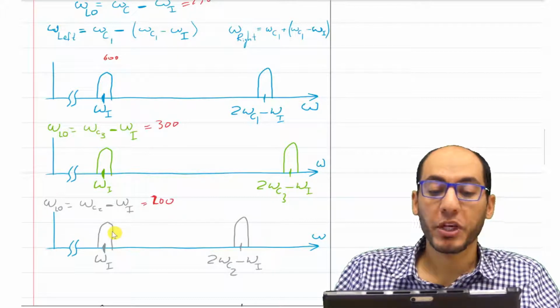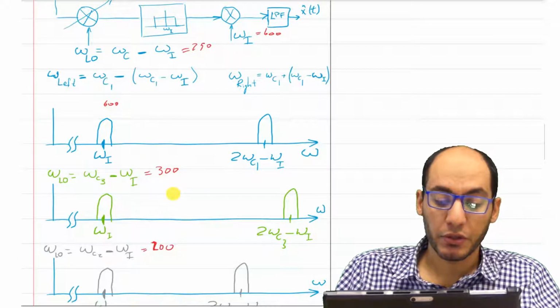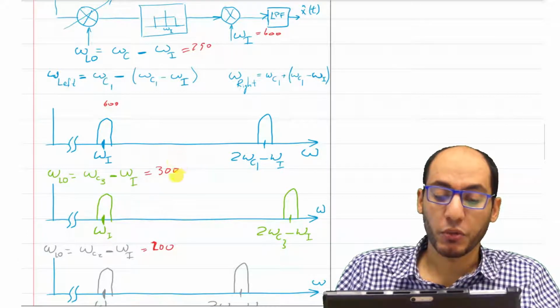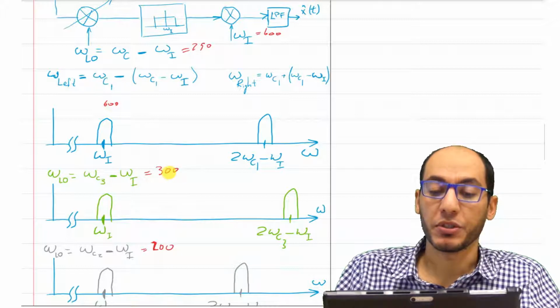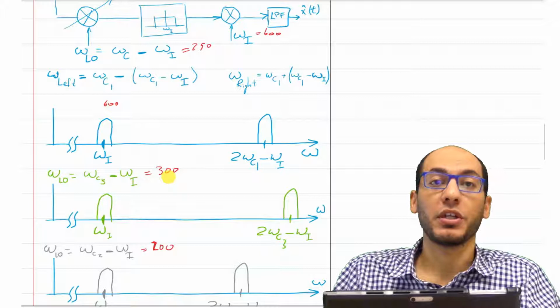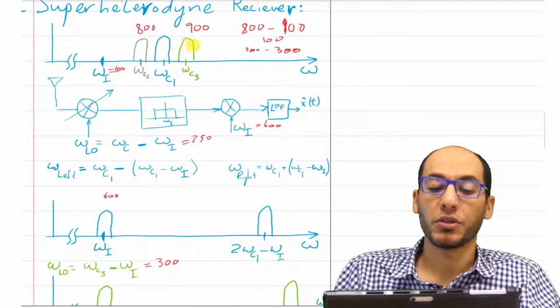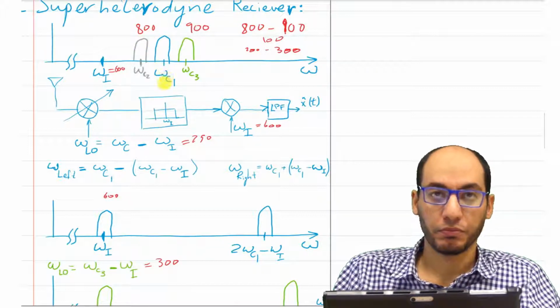So right now my oscillator is shifting between the values of 200 and 300 kilohertz. So the cost of my local oscillator is going to be extremely lower than a one-shot local oscillator ranging from 800 to zero.